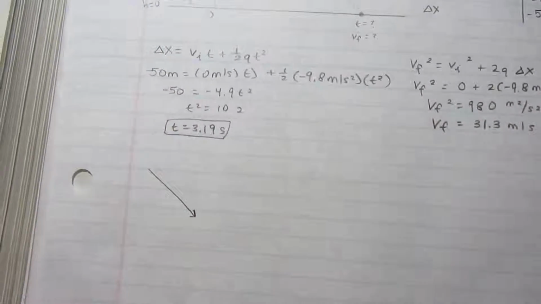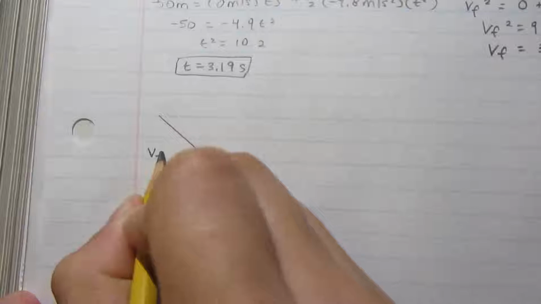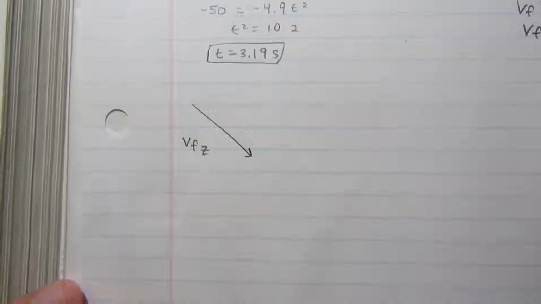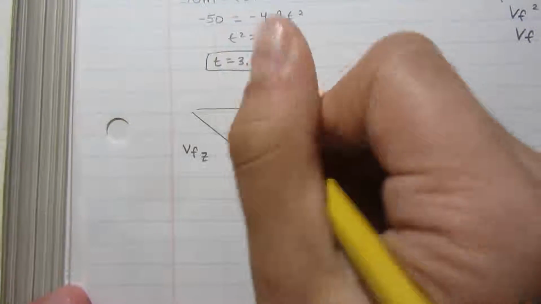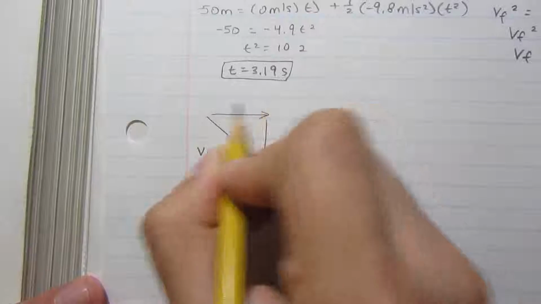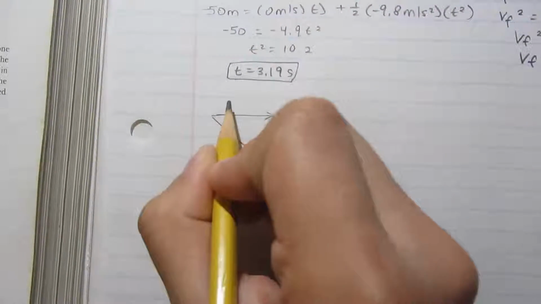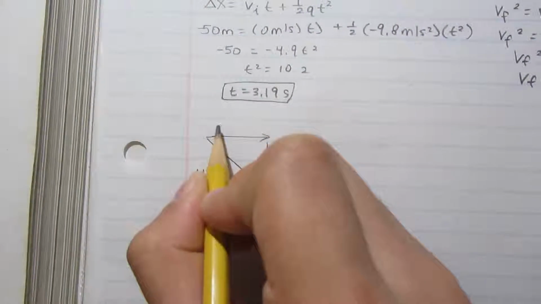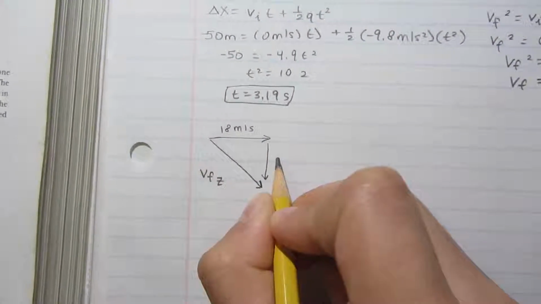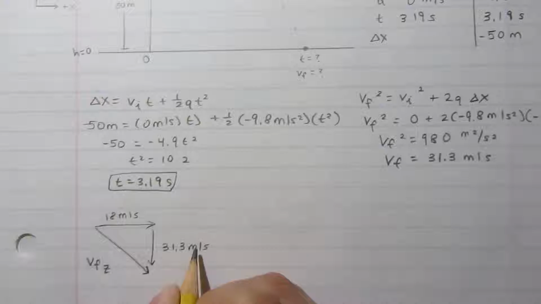So now, what we learned for vectors, I need to find my final net velocity, which I will call z, and then we use the tip to tail method. So we have our final velocity in the x direction is 18 meters per second, and y is 31.3 meters per second.